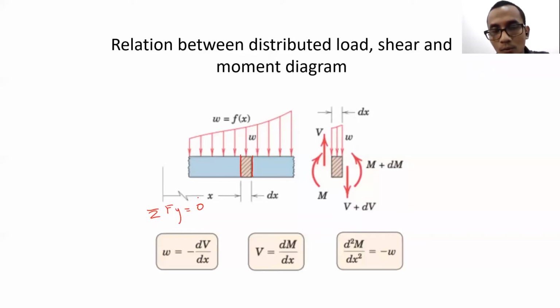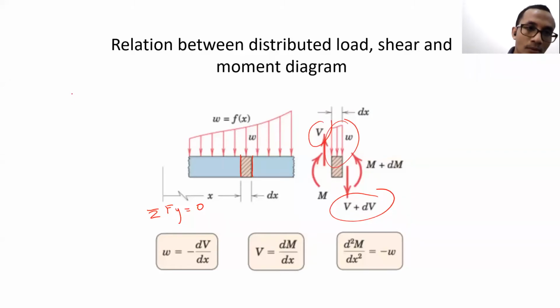What we will get is the vertical forces are only V plus dV, V, and w multiplied by dx. So this is what we will get: V plus dV plus w multiplied by dx, minus V equal to 0.